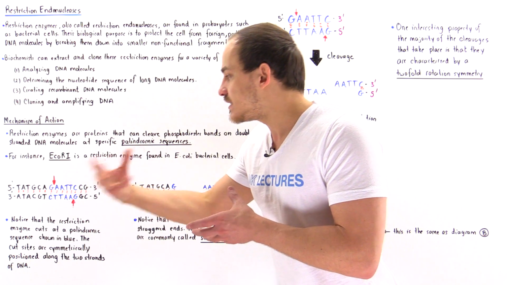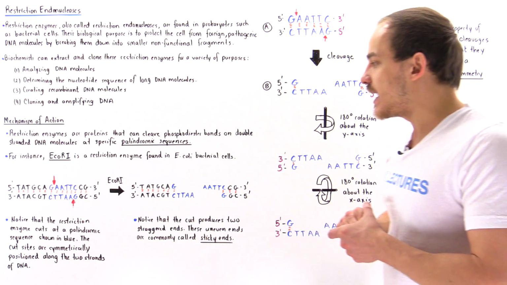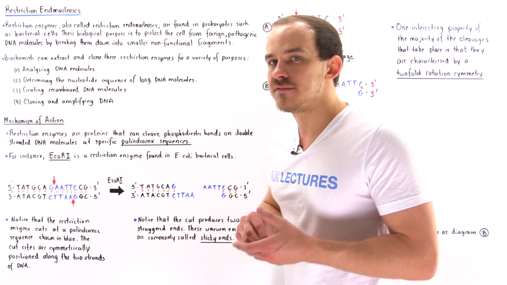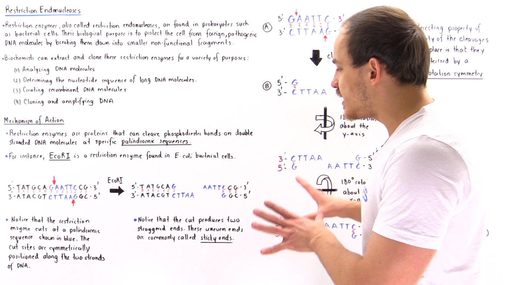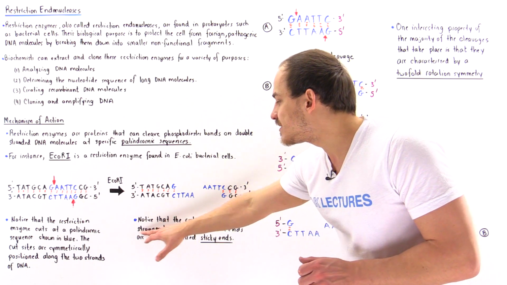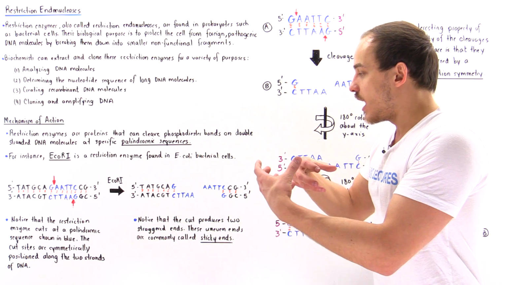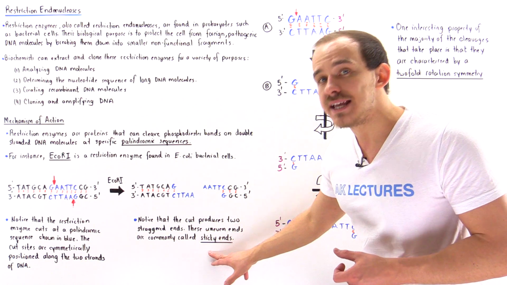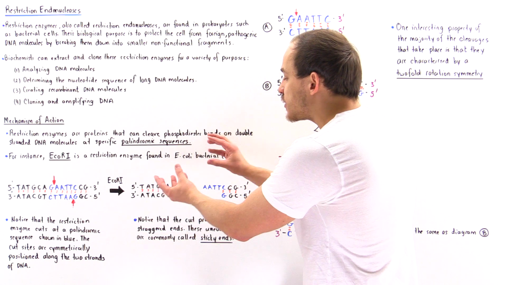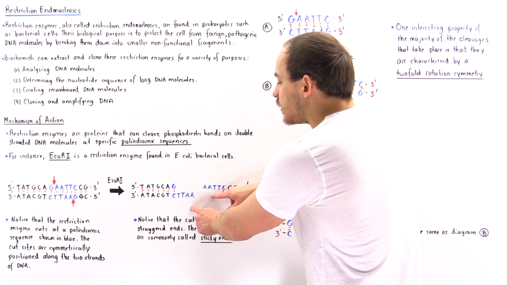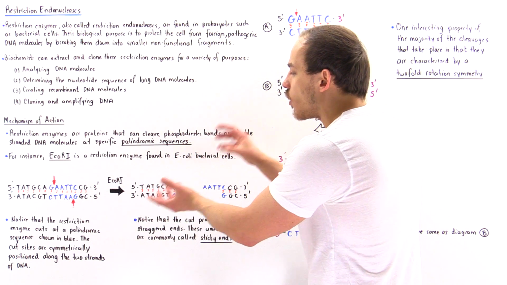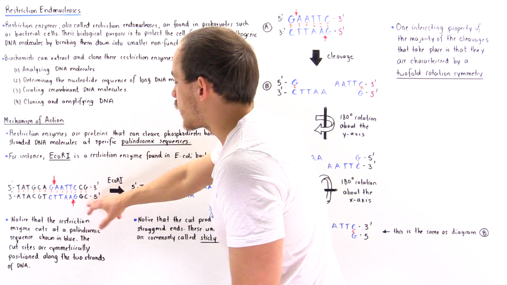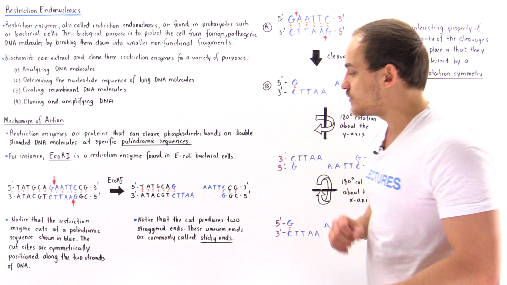Once it cleaves those 2 phosphodiester bonds, we produce the following 2 fragments of DNA. And notice in this particular case, we have these staggered or uneven regions, and these are commonly known as sticky ends. Because if we stick them back together, because they're complementary, they will form those hydrogen bonds, and so we reform the strand that we essentially broke this into.